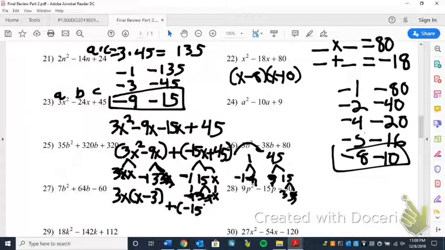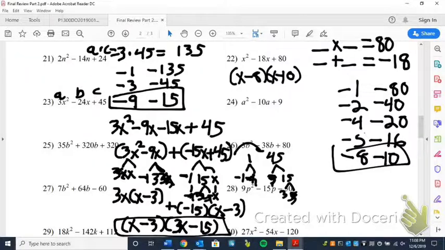So this gives us negative 15 times x minus 3. Factor out the x minus 3. And we're left with x minus 3 times 3x minus 15.